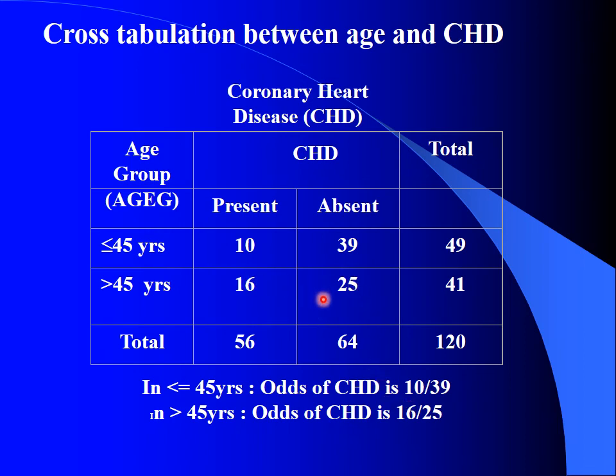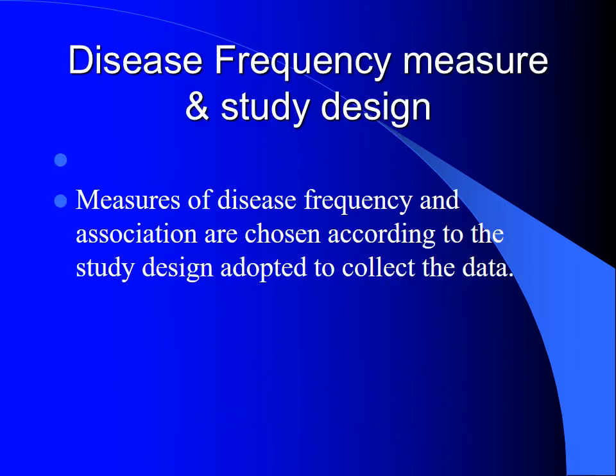These are the computations of odds. The further ratio is compared when we compare younger versus older, that we'll talk about in the next video, where we talk about analytical epidemiology.